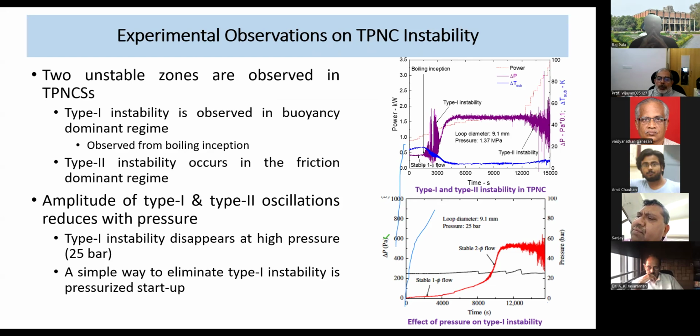And what we are actually measuring is the delta P. So the delta P is oscillating like this, and then once it reaches a stable region, the oscillations die down. And then again, when you reach the type 2 unstable region, it starts again. So either you measure the flow or you measure the delta P.